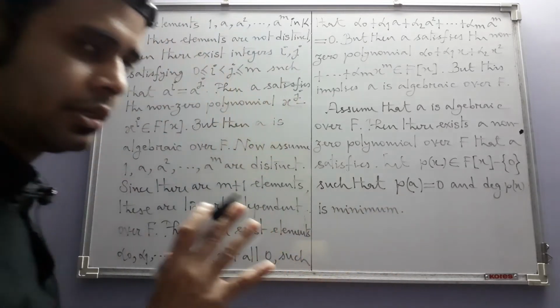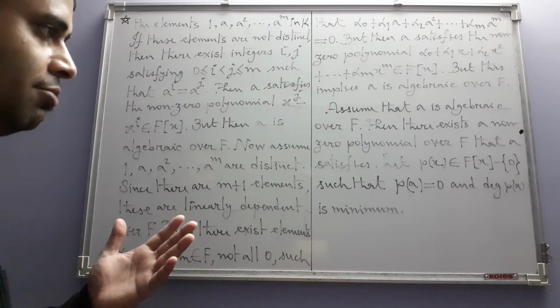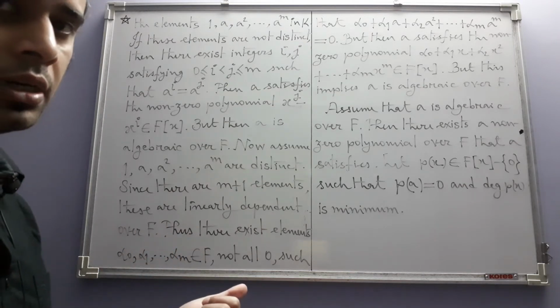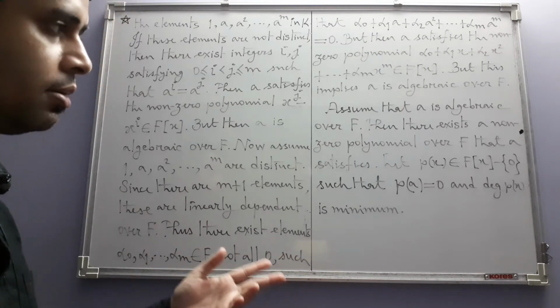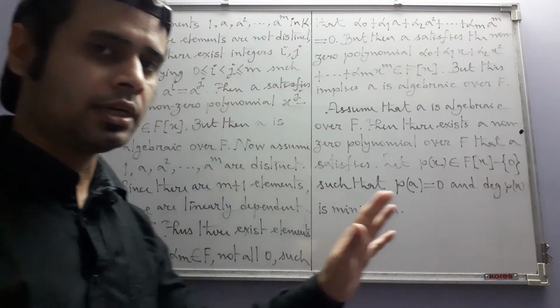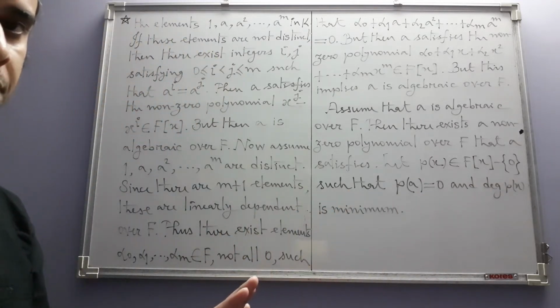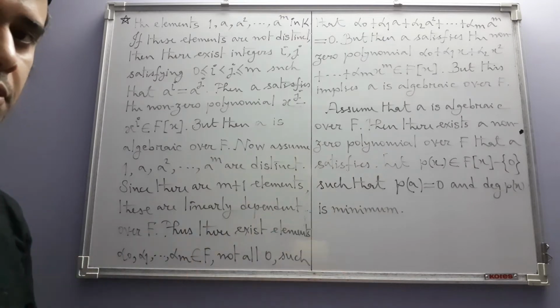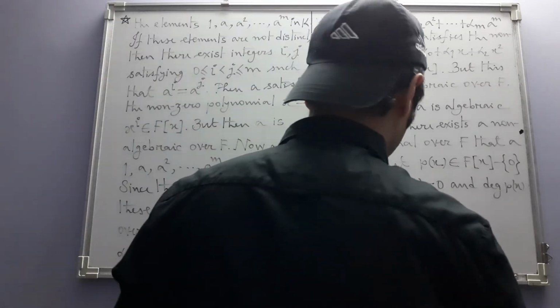What this means is this: if we consider any non-zero polynomial over F whose degree is less than the degree of Px, then it will not be satisfied by A. Okay, so that is the nature of the minimality of this degree.